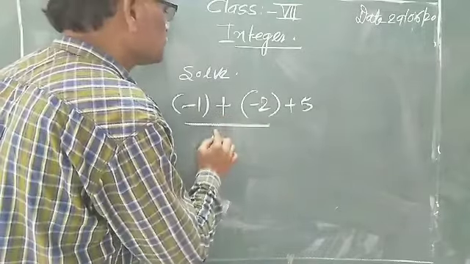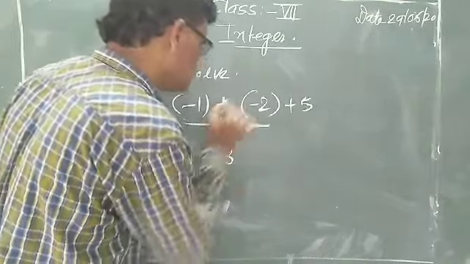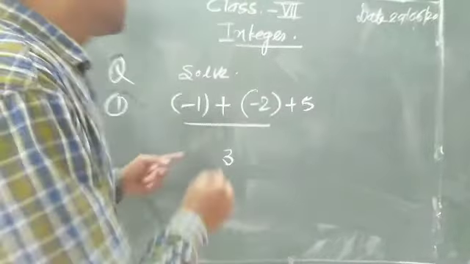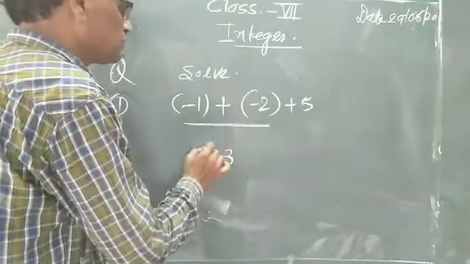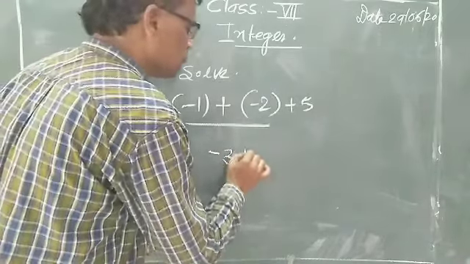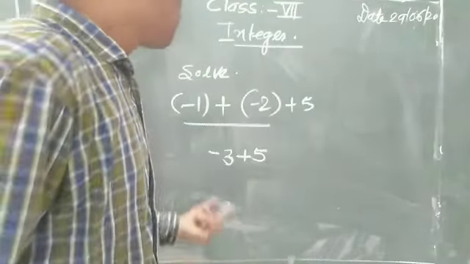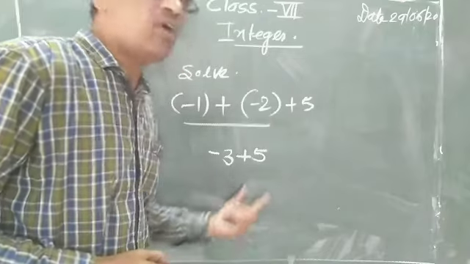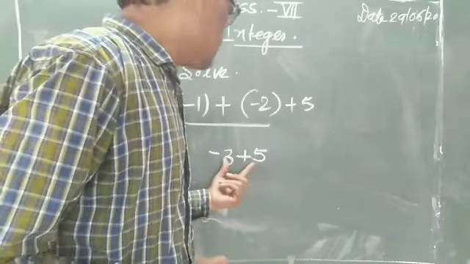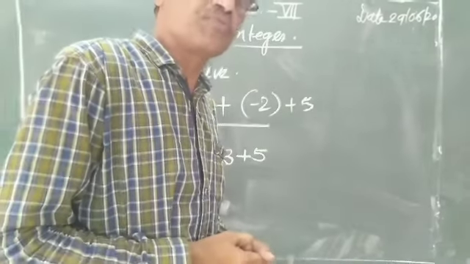Here -1 and -2, that is 3, 1 plus 2 is 3, and the sign before the number is negative. Taking this 5, then we will operate these two numbers. One is negative here and another is positive.